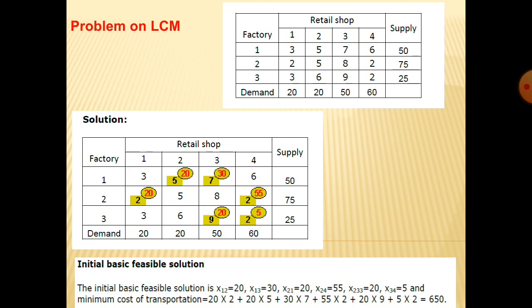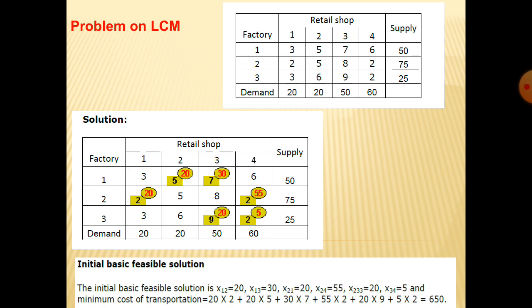Next you come to the next minimum value. Checking again in the same factory 2, that is a 2. You allocate the remaining 55. 55 plus 20 becomes 75.